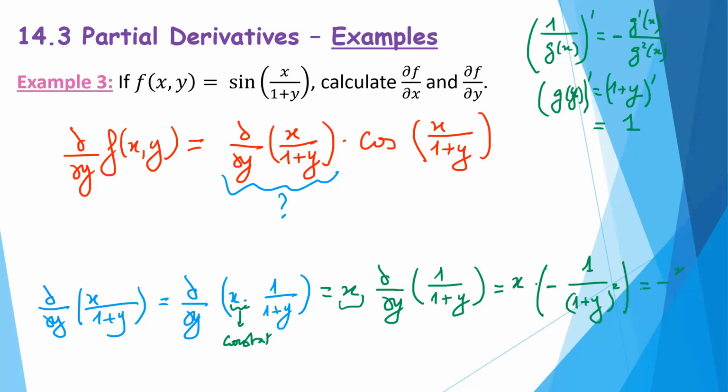Finally, it's minus x over 1 plus y squared. So the final result is minus x over 1 plus y all squared, times cosine of x over 1 plus y.